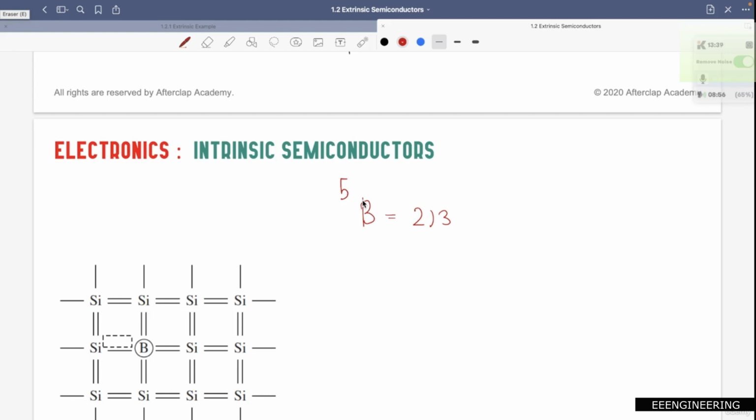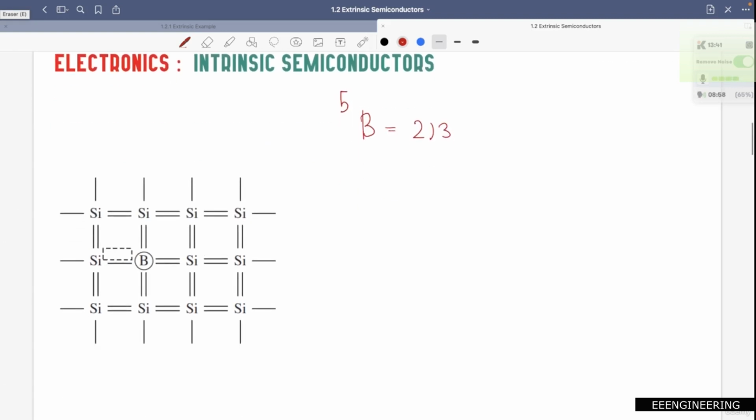So check the figure in here. As you can see, this time we are replacing our silicon atom with a boron atom. 3 valence electrons of boron will satisfy 3 of the 4 neighboring silicons. That's fine. And that leaves us 1 empty space, an empty state, whatever you prefer to call it.